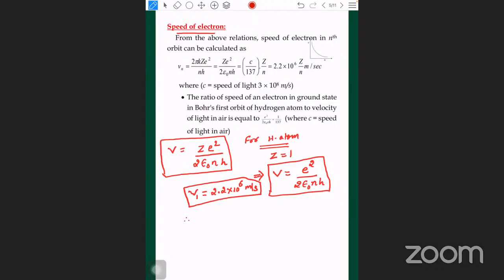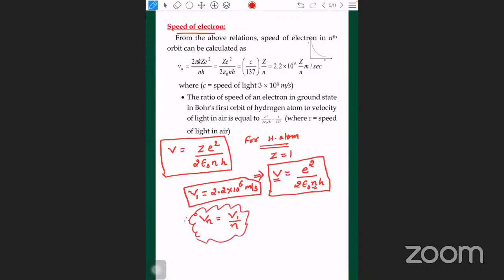Therefore, the velocity of the electron in the nth orbit is v1 divided by n, because velocity and orbit number are inversely proportional. As orbit number increases, the velocity of the electron decreases. So velocity in the nth orbit is v1 times 1 by n.